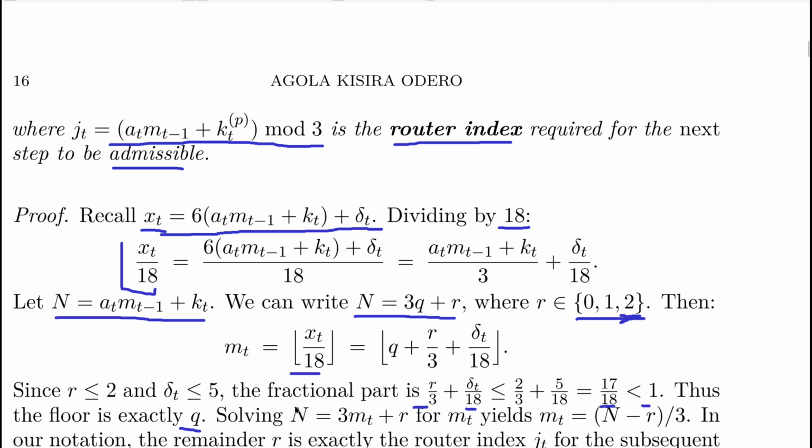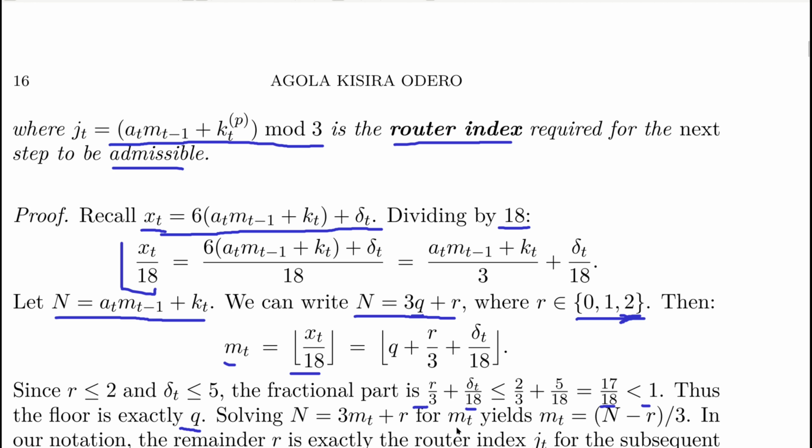Solving, n equals 3 times mt plus r. So because q is mt, we can write it as mt. Mt was equal to this, and mt is equal to q. So we can write n equals 3q plus r as 3 times mt plus r.